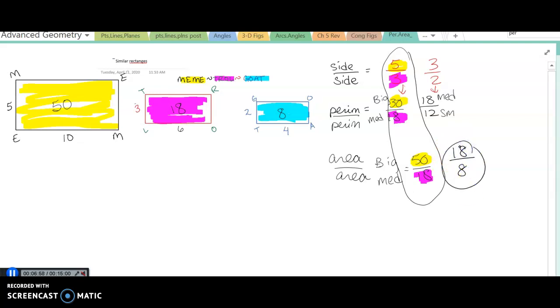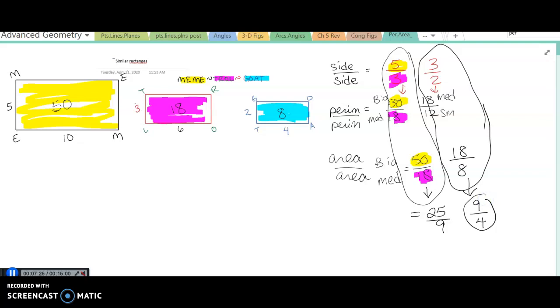Let me circle all these. If we were to compare these, what do we know? If 50 to 18 were reduced, both are divisible by 2, so that would be 25 to 9. And if 18 to 8 were reduced, both are divisible by 2, so that would be 9 to 4. Interesting, these numbers aren't the same this time, are they?